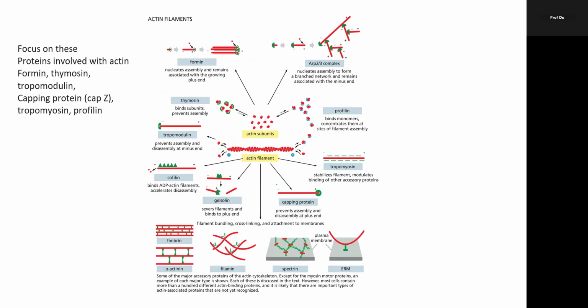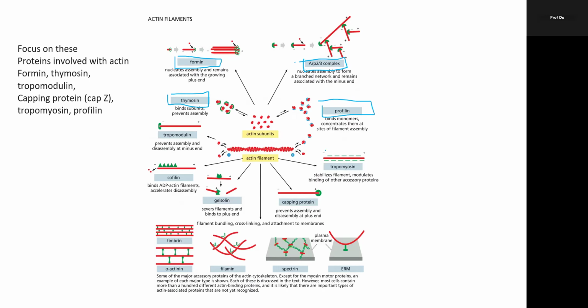So now, what are we looking at? Well, in terms of the creation of actin, these are the proteins that I do want you guys to have a better understanding of. I want you to know the role of formin. I want you to know the role of thymosin. Okay. ARP2/3 complex, what is it involved in?